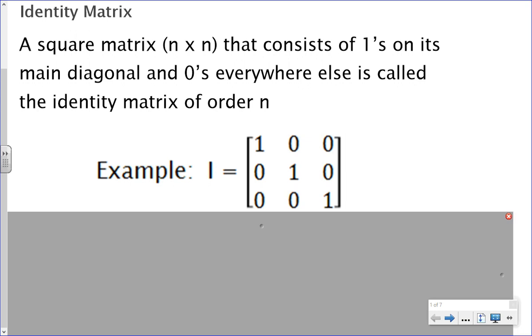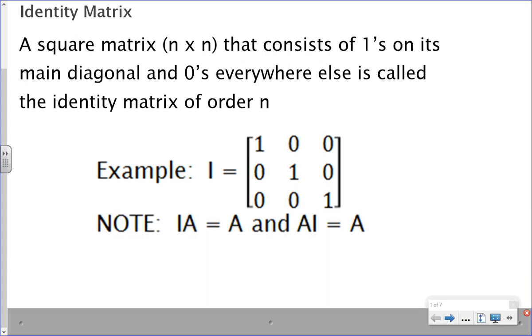The identity matrix has that same property. If we take a matrix times the identity, we will get the same matrix. So we call the identity matrix matrix I, and if this is confusing between ones and i's, if you need to put the little bars on it, you can.